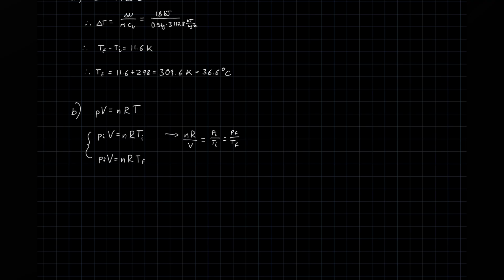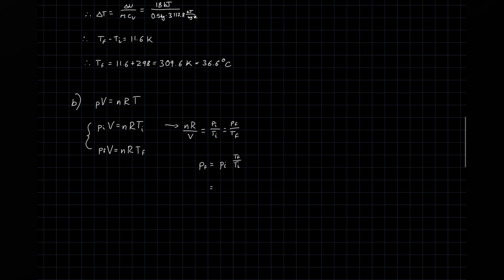And from this, we can calculate our final pressure. With a bit of rearranging, the final pressure is equal to the initial pressure times the ratio of your final over your initial temperature. Now it's just a case of plugging in the numbers. Our initial pressure was 1 bar, so 10 to the 5 Pascal.